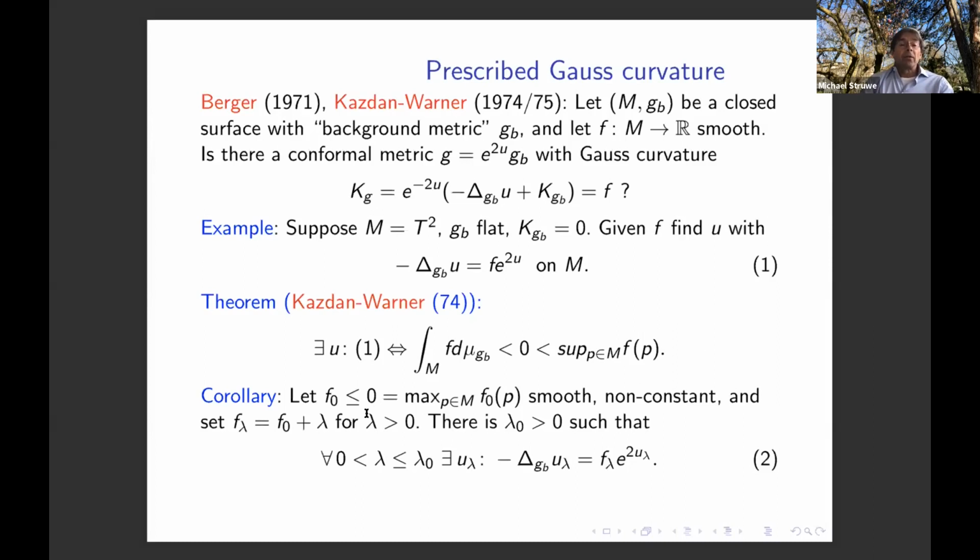For instance, if we take a function f_0 that's smooth, non-positive, with maximum equal to 0, and non-constant, and then lift up the function by adding a positive number lambda to it, to obtain the functions f_lambda equal f_0 plus lambda, then there is a positive number lambda_0 such that for any lambda between 0 and lambda_0, the necessary and sufficient condition of Kazdan-Warner is satisfied.